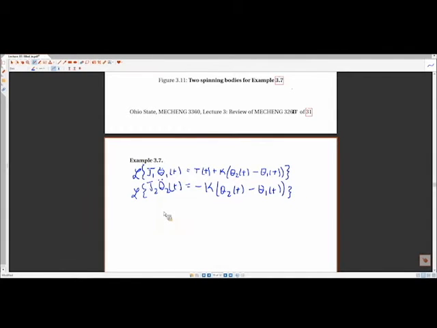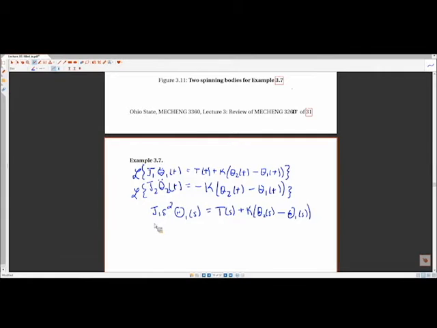If I do that, I get J1 S squared capital Theta 1 equal to T of S plus K times theta 2 minus theta 1 of S. That's the first equation.